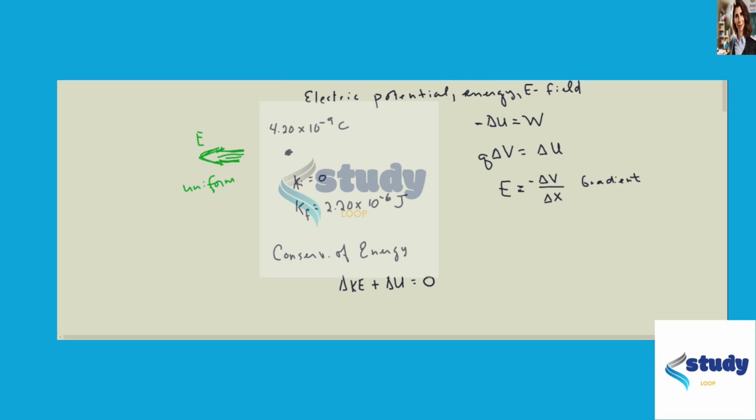So the fact that the kinetic energy was positive means that the potential energy of the system dropped by the same amount.